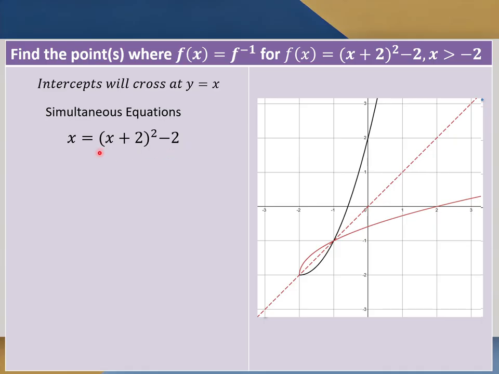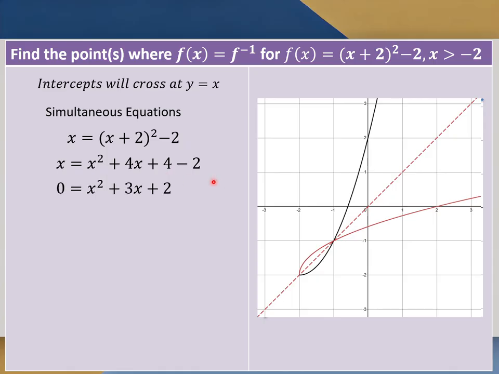I've just substituted x in for y. Now I can solve. (x plus 2) squared is a perfect square, so that is x squared plus 4x plus 4. I can simplify by taking away x to get 3x, and 4 take away 2 is 2.